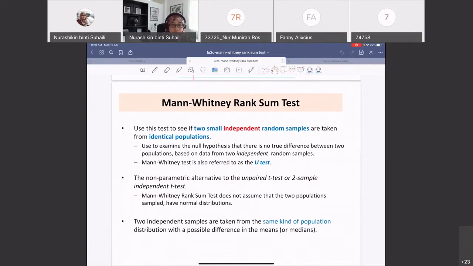Actually, in every test, we are concerned with how to use the test. What are the steps that need to be taken? So you can see the similarity from one test to another.